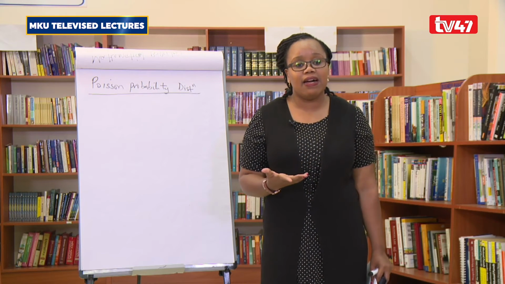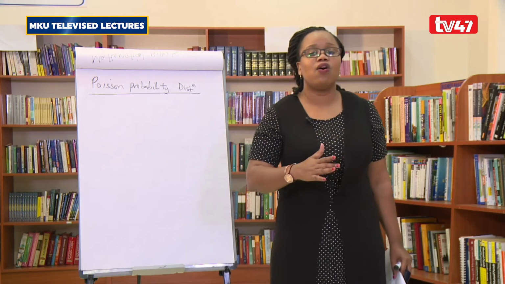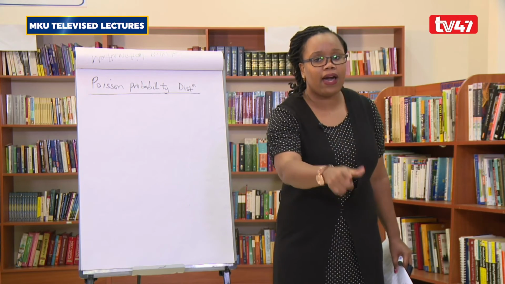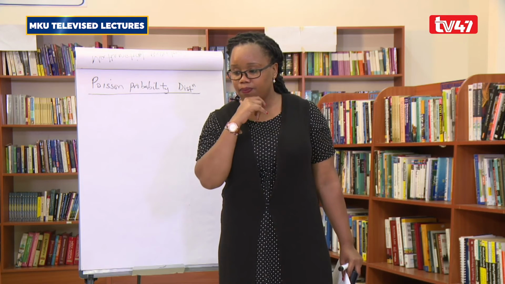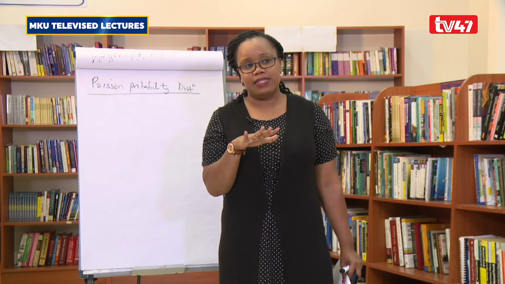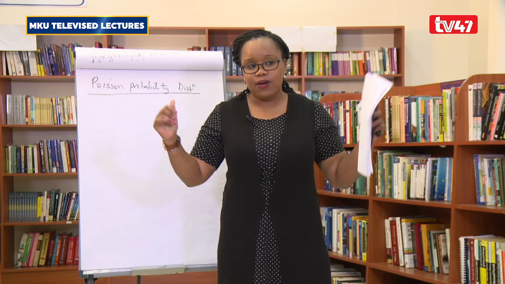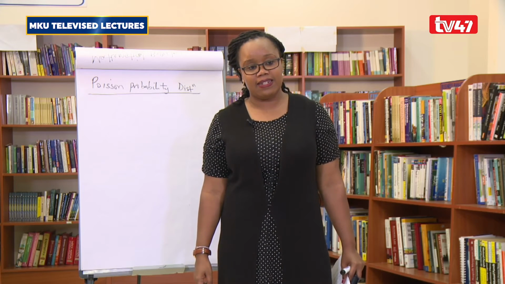Something that is rare means that if we are observing, it will take a long time of observation for that thing to occur. Okay? To understand it further, it's as simple as this. Anything that is rare, when it happens in our social media world, it makes news. What do I mean by that?